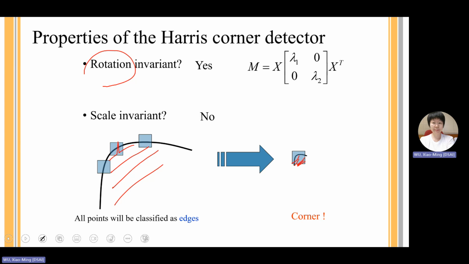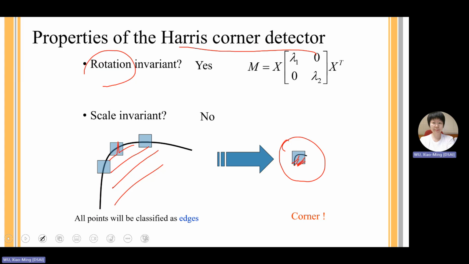And this is understandable because when we do Harris corner detection, we only apply a fixed window size such as this.